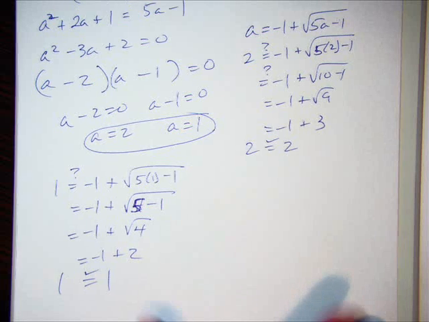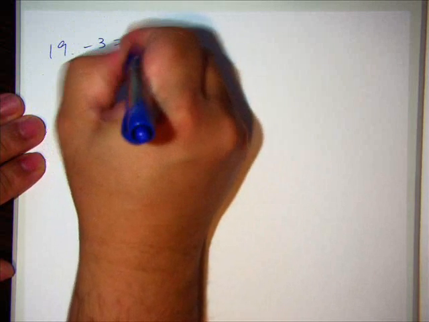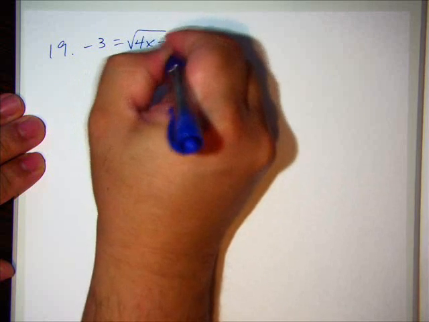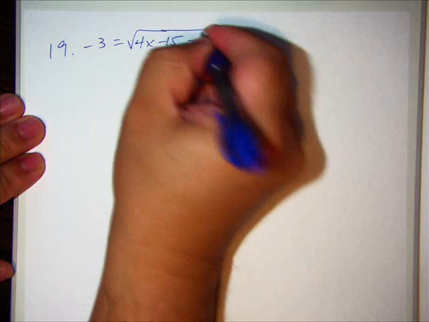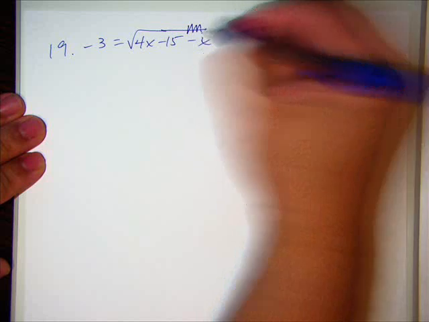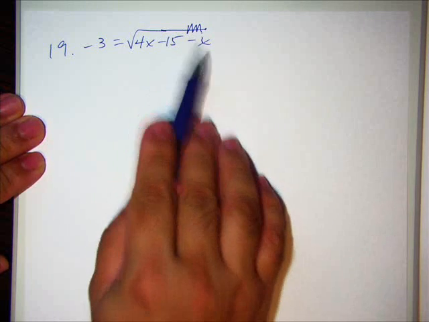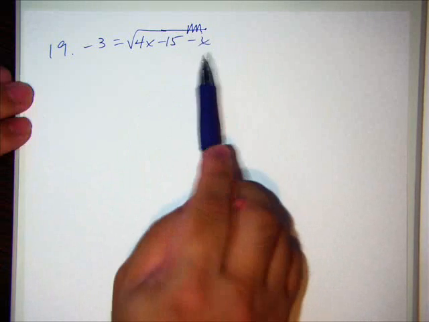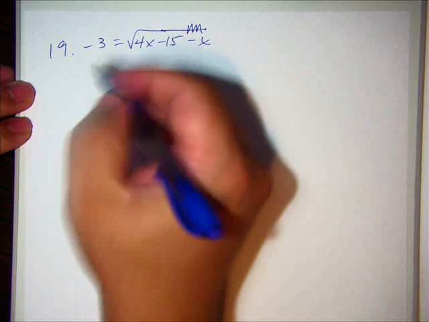Okay, number 19. That radical bar does not go over the minus x, which means I have to move it to the left.